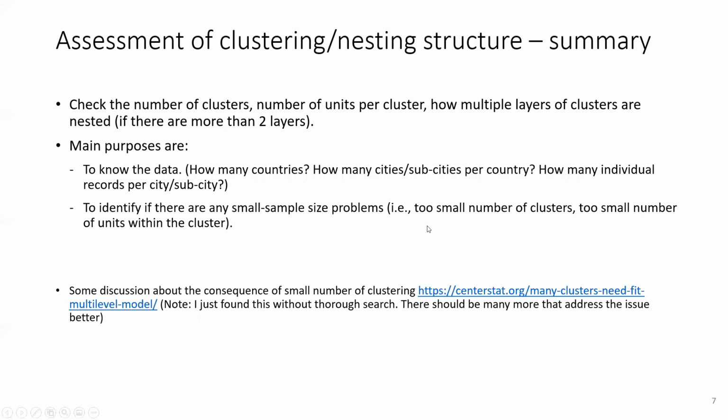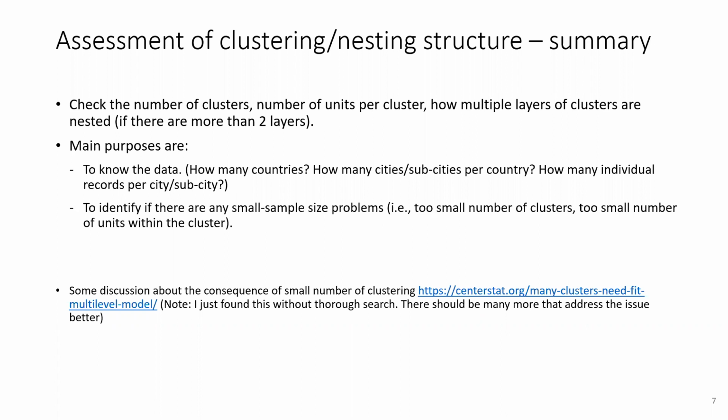So, the summary of the assessment of the clustering and nesting structure. First, we check the number of clusters, the number of units per cluster, and how multiple layers of clusters are nested. In our example, we have only 2 levels, individual and city, and sometimes we have more layers. We may have sub-cities or we may have a country level.